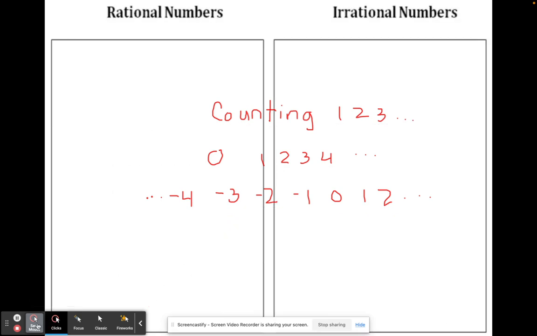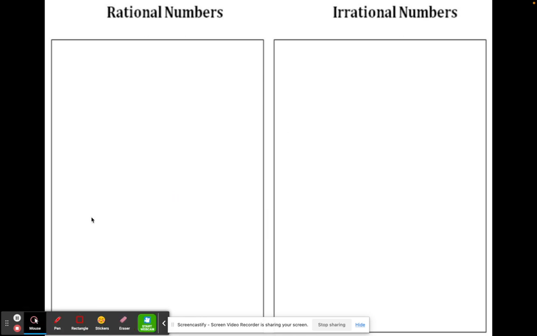Let's practice. You have the sheet in your notes. I'm going to give you a bunch of different numbers and you're going to practice sorting them. I'm just going to throw them all out there for now, and then we'll go back and sort them together.